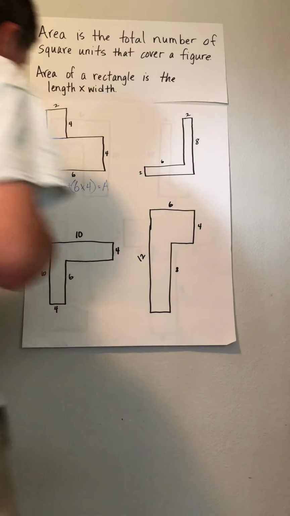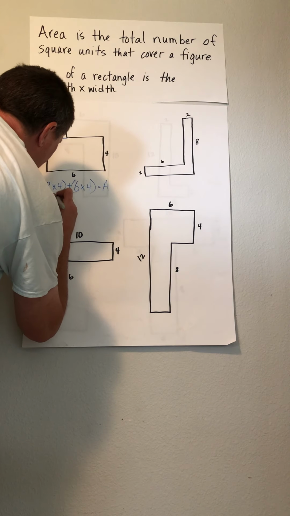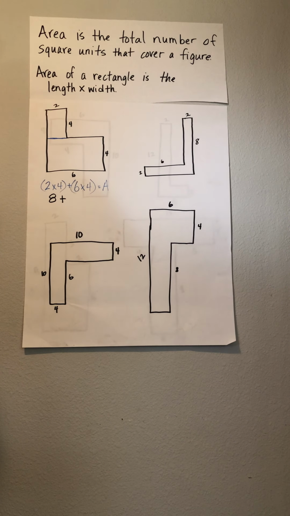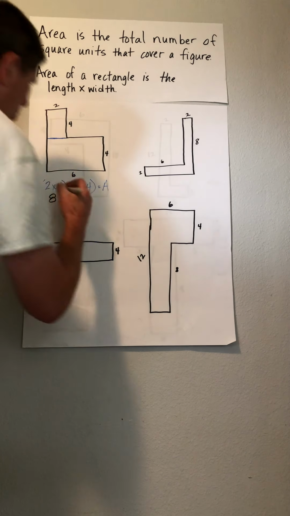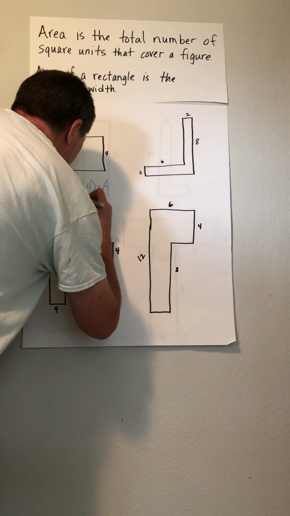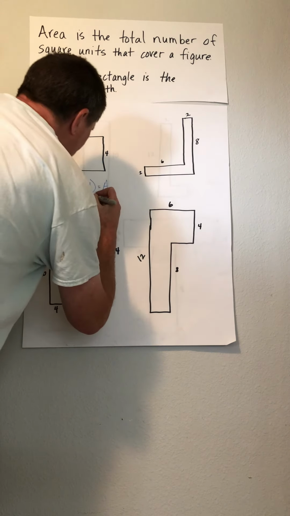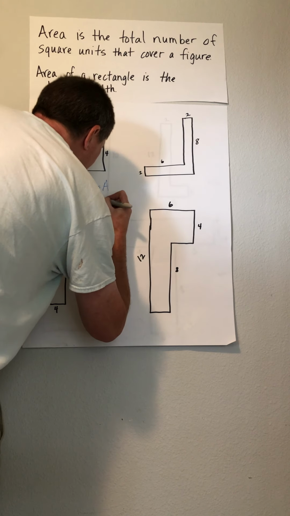So 2 times 4 equals 8, plus 6 times 4 equals 24. So 8 plus 24 equals 32.